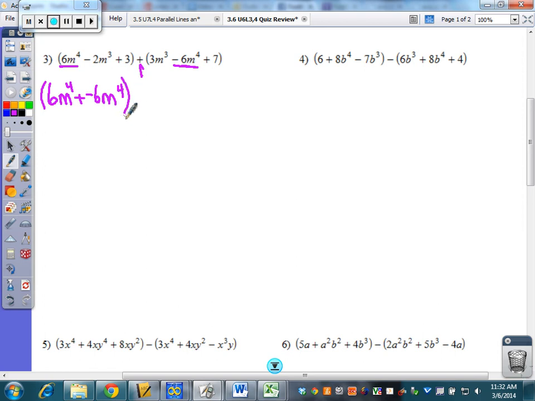Then we're adding that to negative 2m cubed plus 3m cubed, and finally adding that to 3 plus 7.